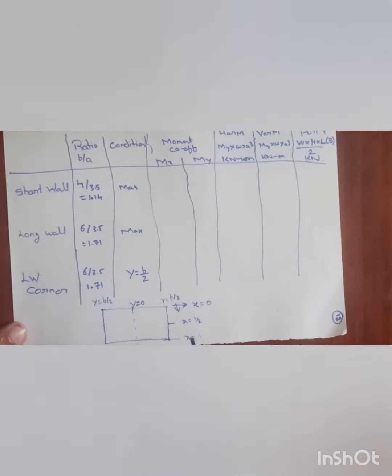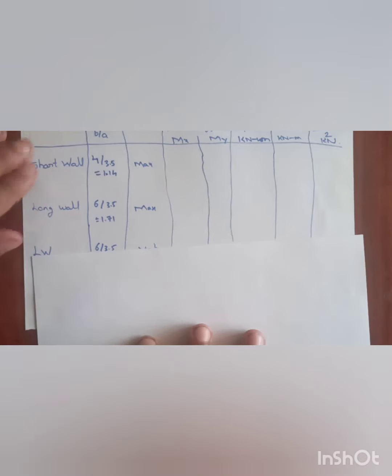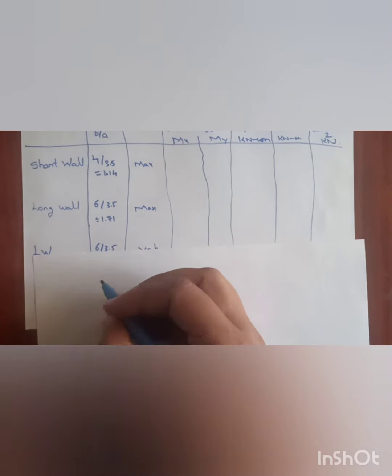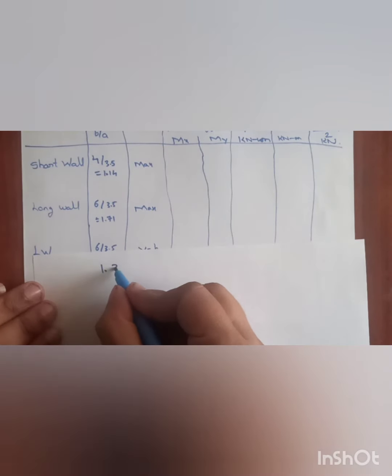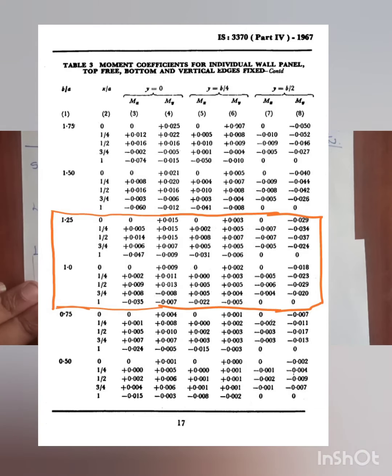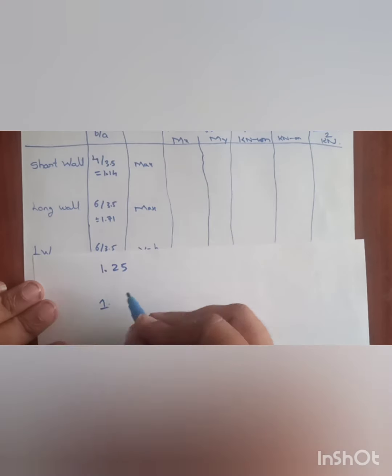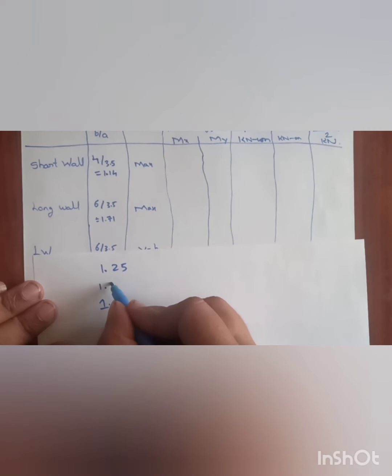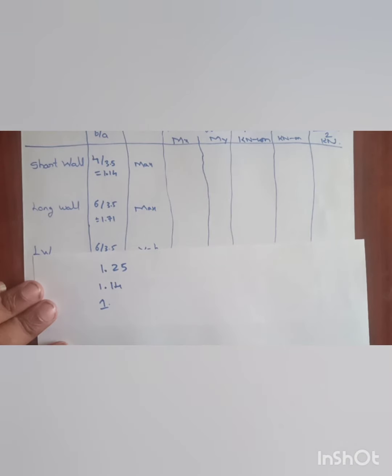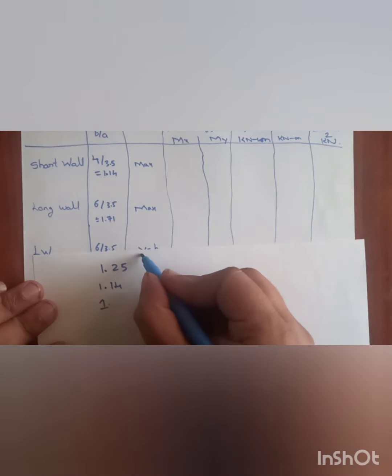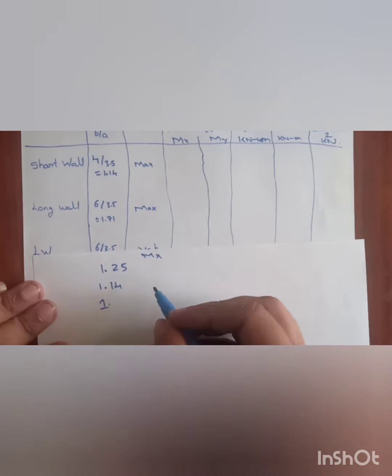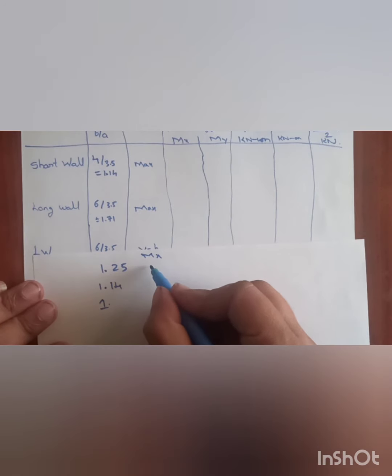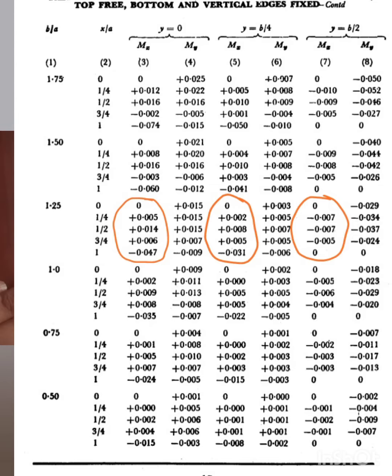So 1.14 lies in between 1.25 and 1. So we need to find it at 1.14. For the mx coefficient, I need to find the maximum among these three columns. So let us have a look here.